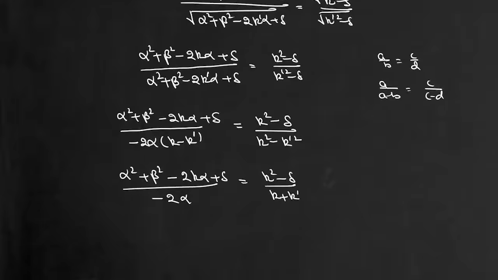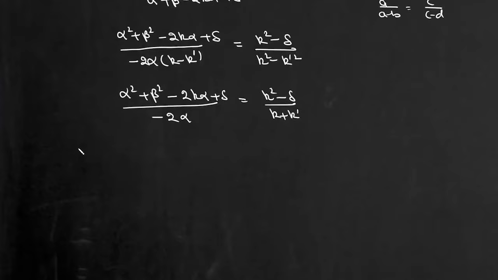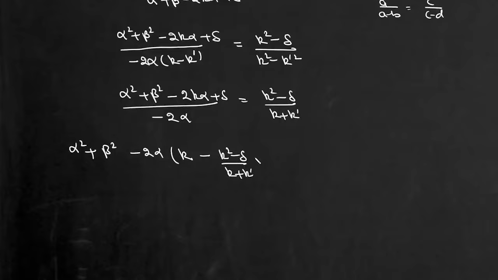Now we can rearrange this as alpha square plus beta square, and then minus 2 alpha, and this is k here, and then it will be k square minus delta upon k plus k dash, and plus delta equals 0.